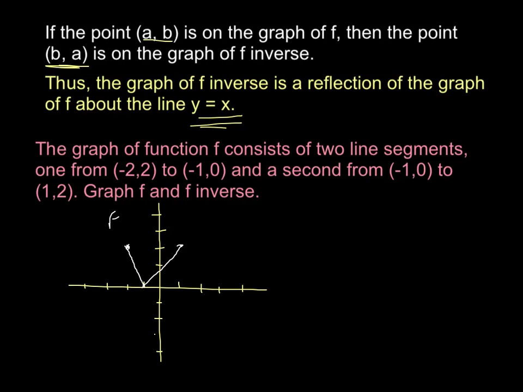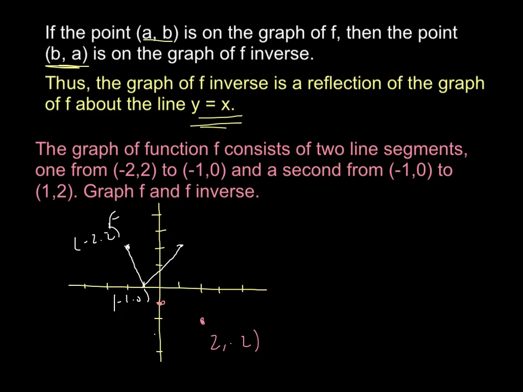We want to graph the inverse. So we'll change colors here. The inverse would switch our x's and y's. So this point over here that was at negative 2, 2, on the inverse is going to be at 2, negative 2. This point down here that was negative 1, 0, on the inverse is going to be 0, negative 1.